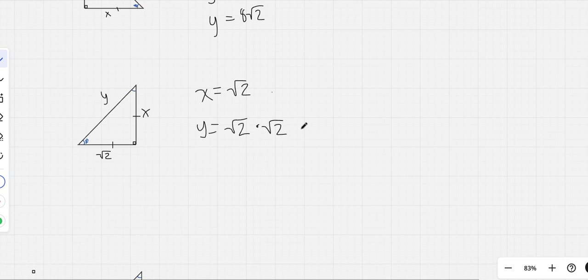And let's not forget our principles of multiplication for radicals or square roots, which is if a and b are real numbers, then the square root of a times the square root of b is equal to the square root of a times b.